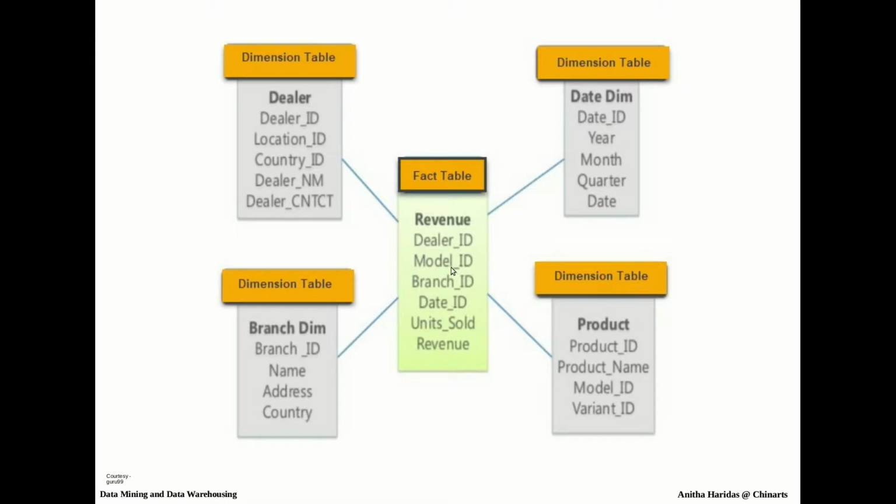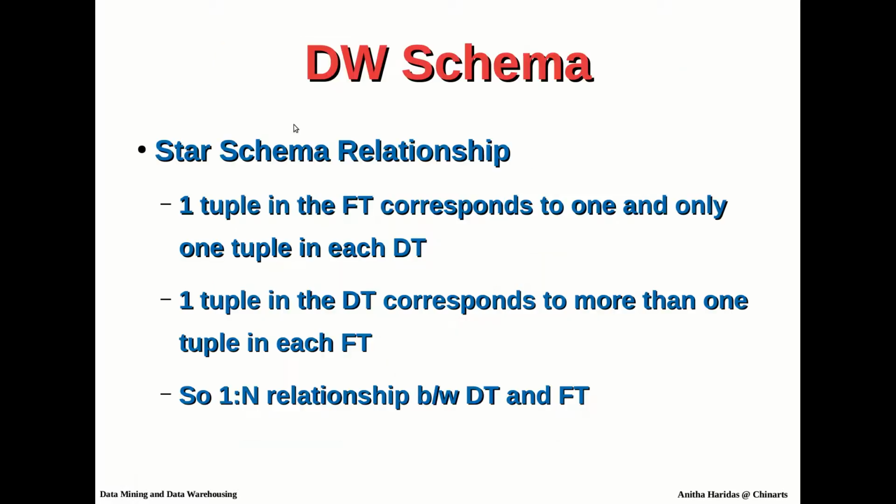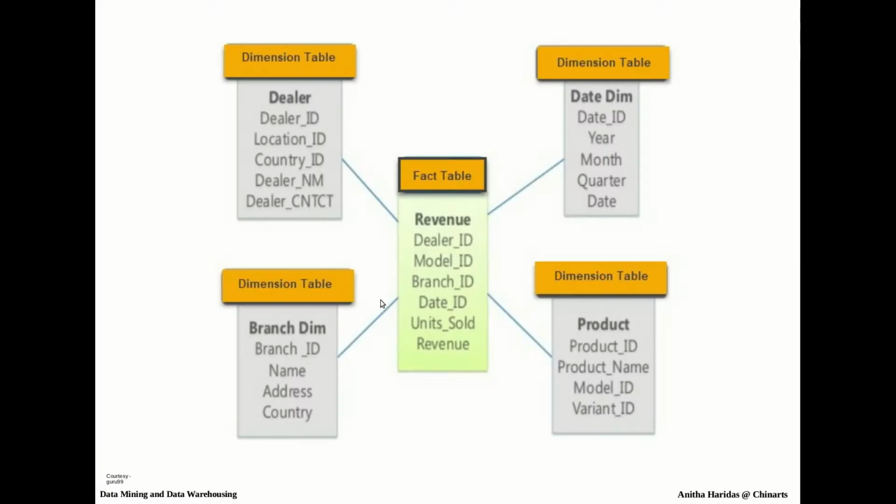So one tuple in the fact table, suppose you take a dealer ID, corresponds to only one tuple or record in the dealer's dimension table, whereas one tuple in the dimension table corresponds to more than one entry in the fact table, because the same dealer will be there for different branches.